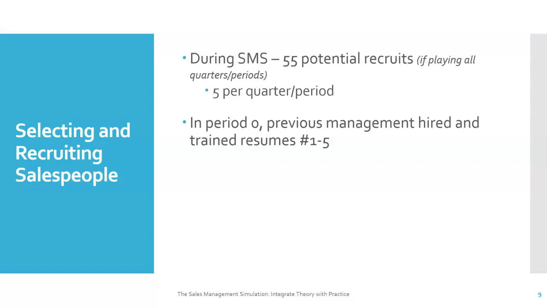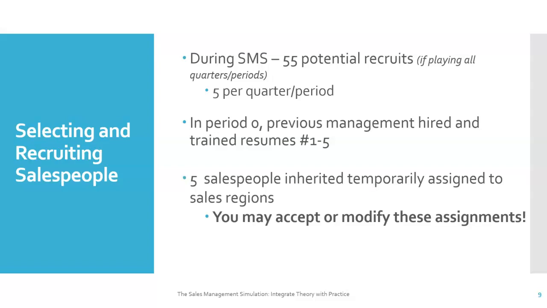And you don't have to hire all 5 going forward per quarter. That's another decision you're making. So yeah, they inherited these temporary assigned sales regions, and you can either modify or accept these assignments.